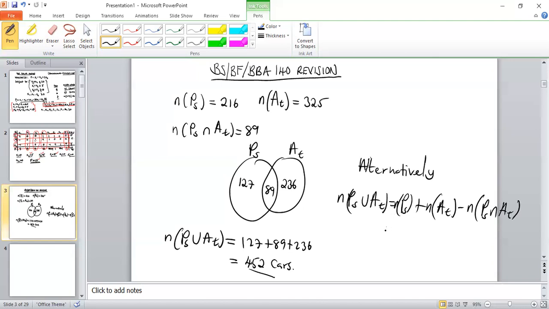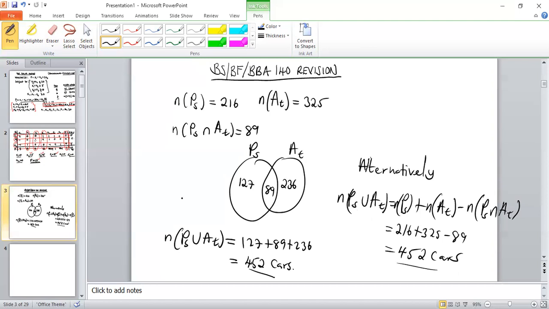So it would have been 216 plus 325 minus 89. You still get 452 cars. So it means that you can either use the formula or you can visualize this using the Venn diagram. So it will be like that.